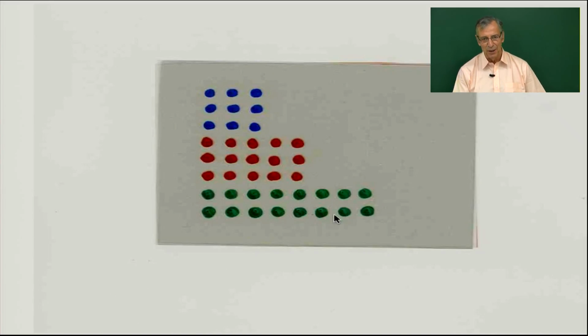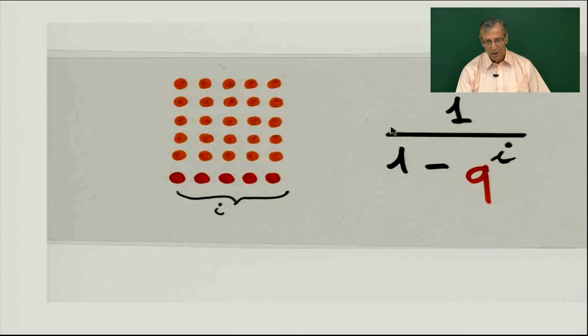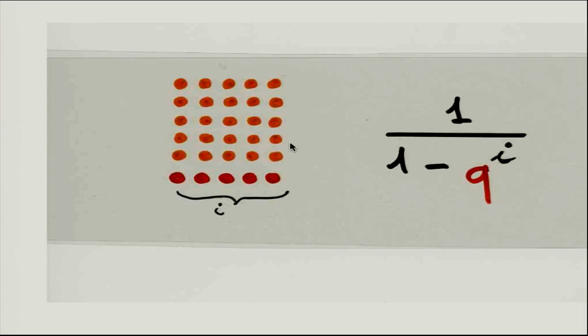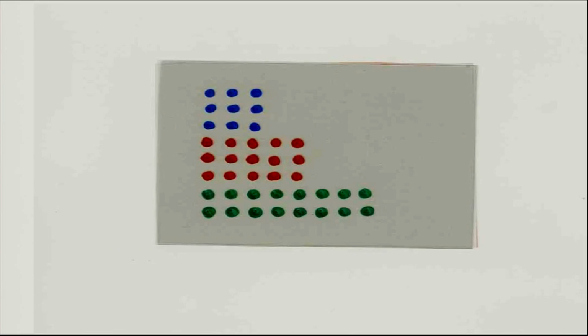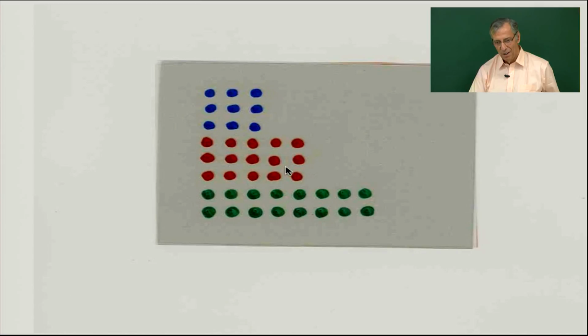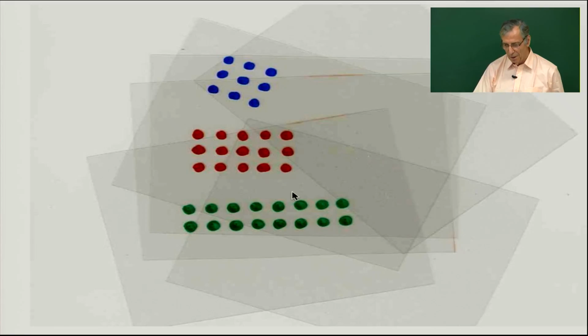Maybe there is no rectangle with 1 column. It's empty. But when I do this, 1 over 1 minus q, then I include the empty rectangle. It starts with 1 plus q to the power i plus so on. So the empty rectangle is included in this generating function. And so you can decompose as a product: the Ferrers diagram is a product of rectangles.